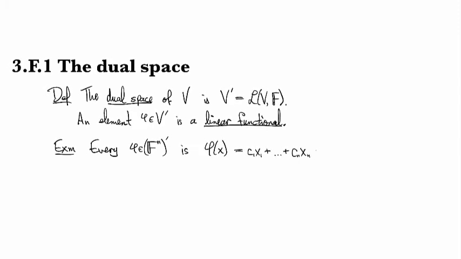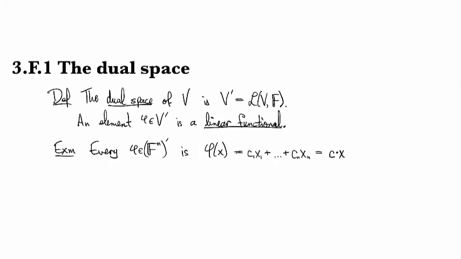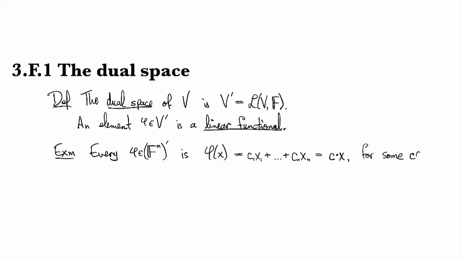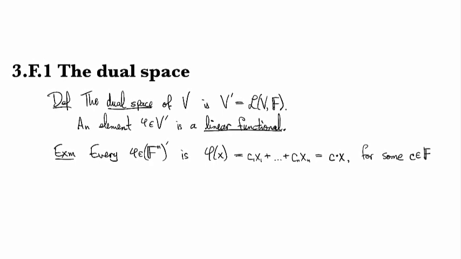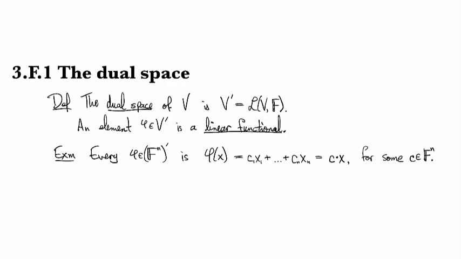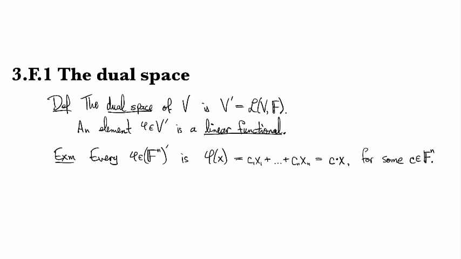And then once you see that, you realize that this is just c dot x, the good old dot product, which we haven't talked about yet in this class, but I assume that you remember it from calculus. And we'll talk about it again, well, actually, I guess in 406. So a linear functional in F^n is actually just dot product against a fixed element of F^n.